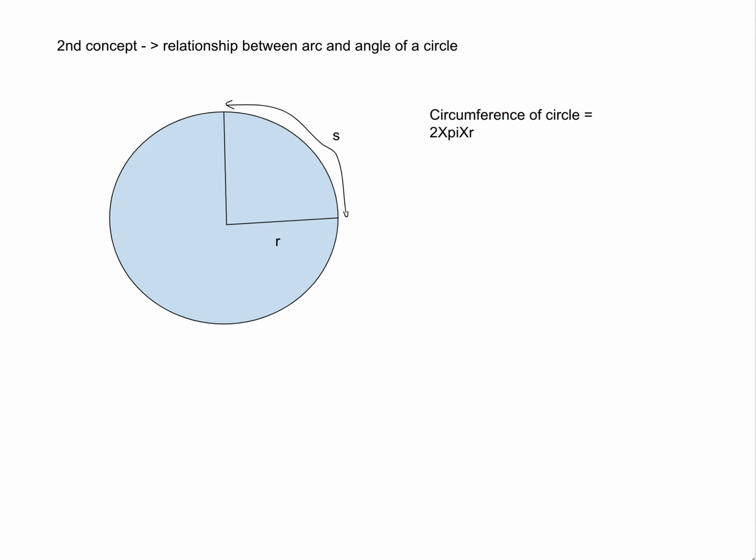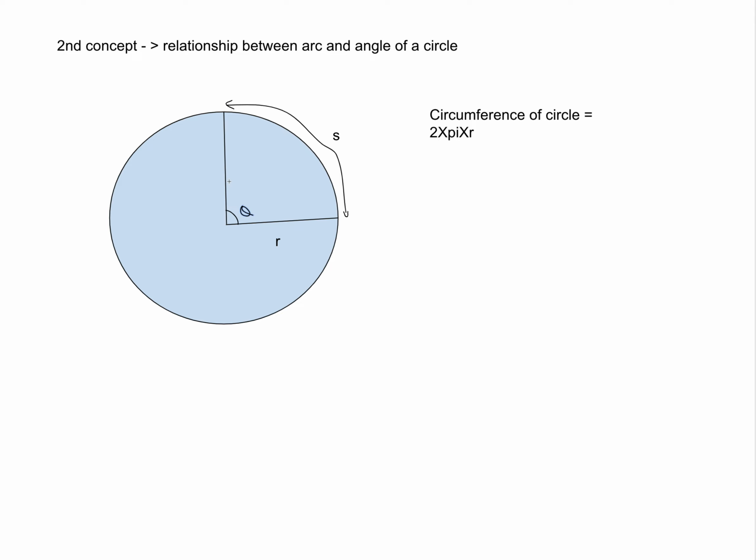So the angle can be denoted by, say for example, theta. I'll just write it for you. Theta, like this. So basically, the relationship between the arc and the angle is this.